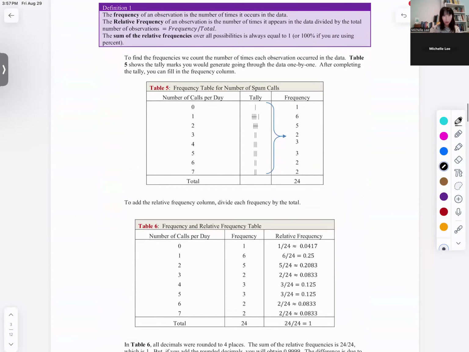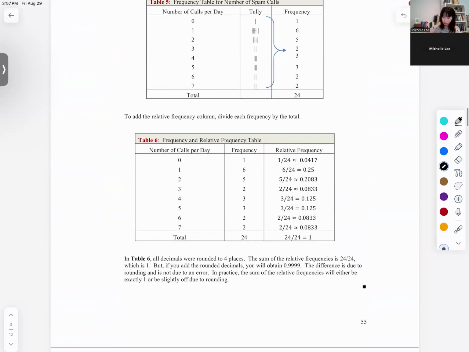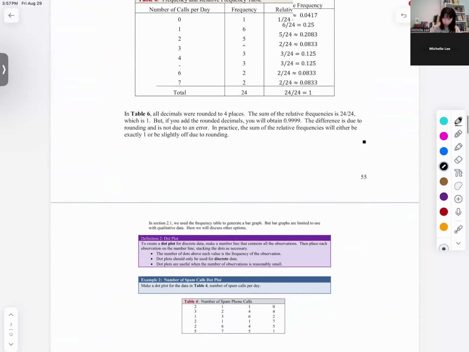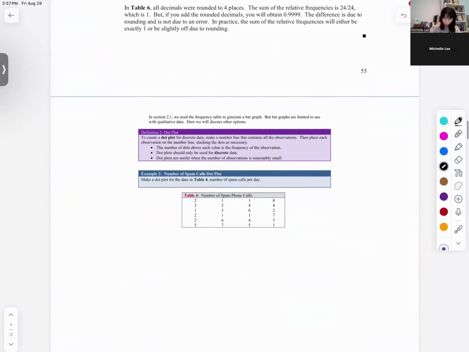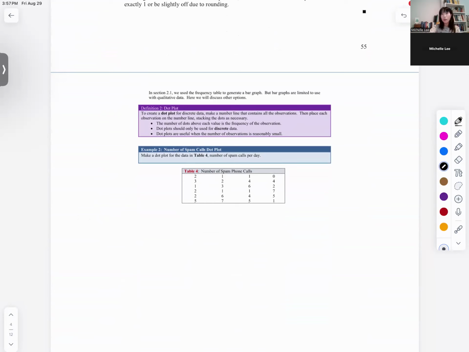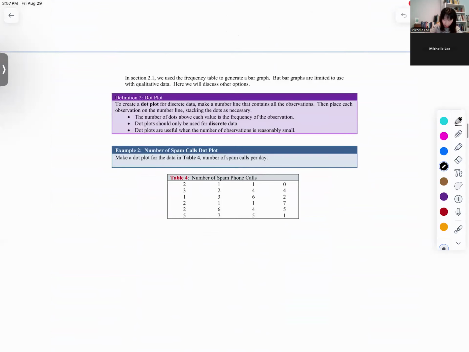Okay, let's move on to dot plot. So what is a dot plot? Dot plot is just an English word, just like a dot.